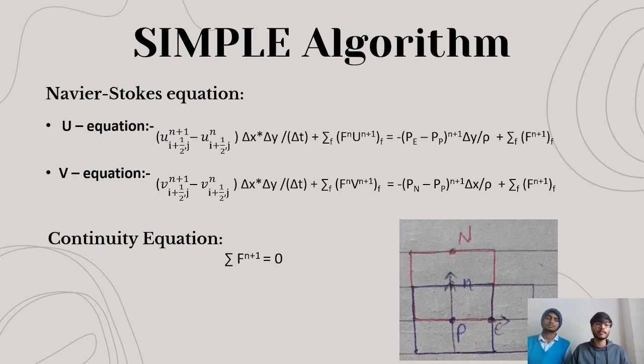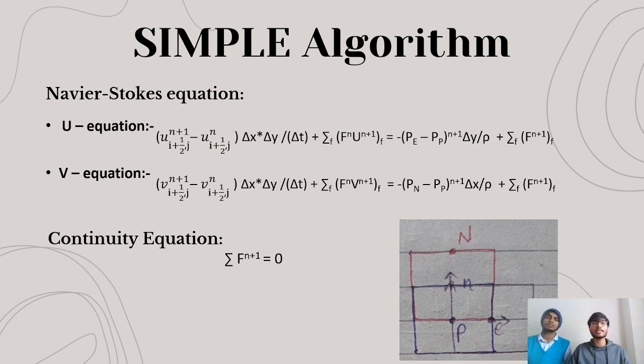And in y direction it is given by v at n plus 1 at time i plus 1 by 2 comma j minus v at n at time i plus 1 comma j into delta x into delta y upon delta t plus sigma f at n at time and v at n plus 1 at time f is equal to minus pn upon pp at n plus 1 at time delta x upon rho plus sigma f and f at n plus 1 at time f, and the continuity equation sigma f n plus 1 is equal to 0.